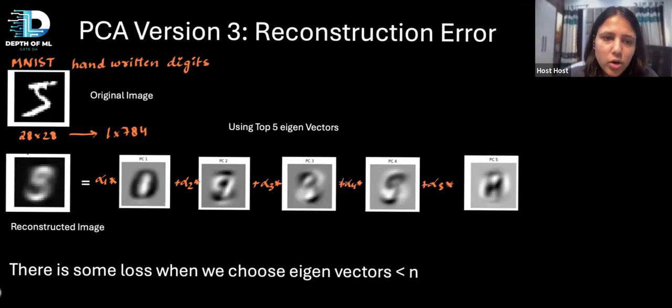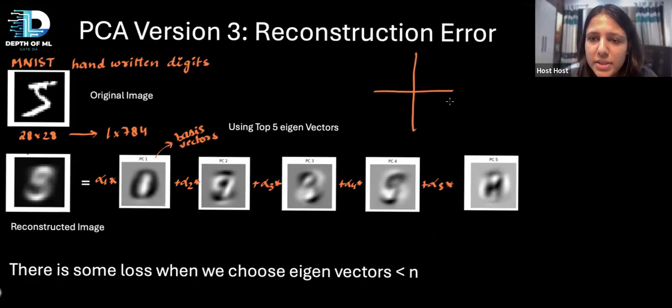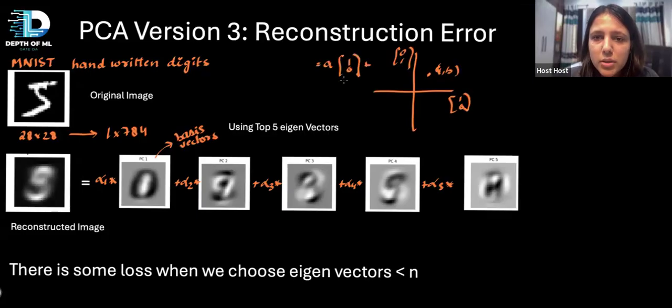The final image is a linear combination because these are basis vectors. The same analogy: if you have a basis of (1, 0) and (0, 1), a point (A, B) is basically A times (1, 0) plus B times (0, 1).